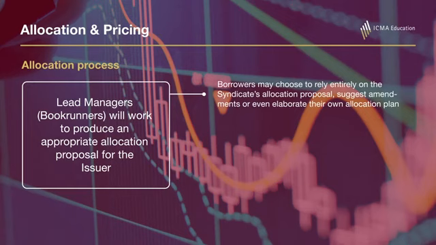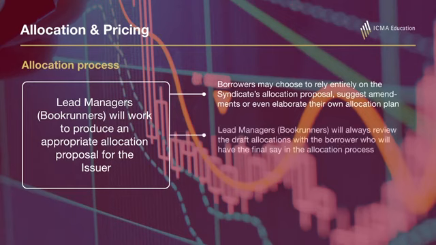But either way, what's important is that the lead manager will review the draft allocations with the issuer or the borrower, who will have the final say in the allocation process, because after all, it is their deal. So they're the ones that want to ensure that it's a good deal so that it trades well in the secondary markets and that enables them to do future funding.